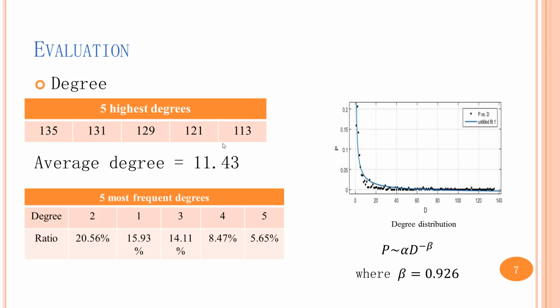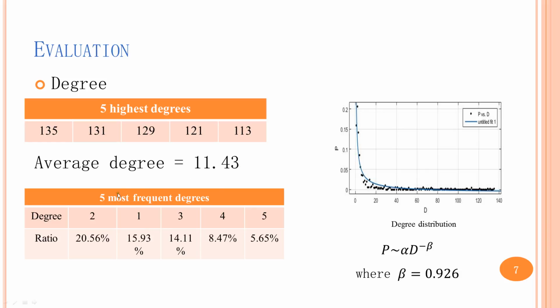Let's see the results. Among the 496 airports, the highest degree is 135. The lowest degree is 1. The average node degree is 11.43, which represents the average number of destinations passengers can achieve from an airport.